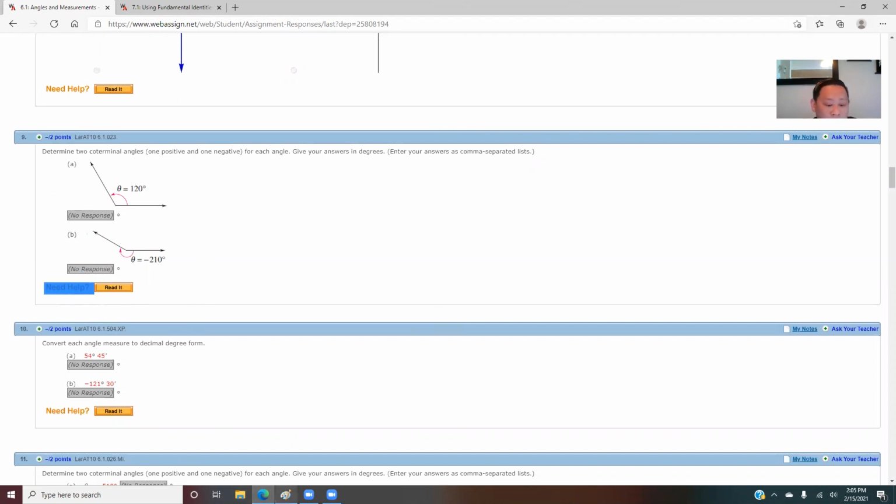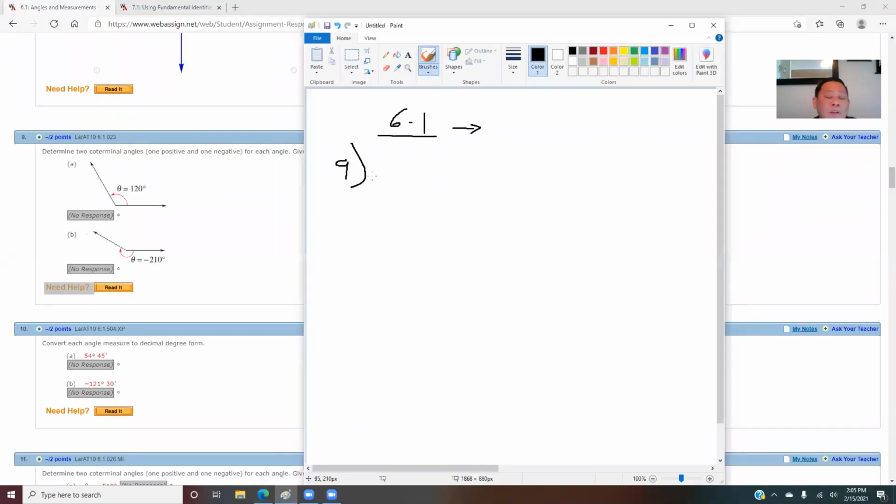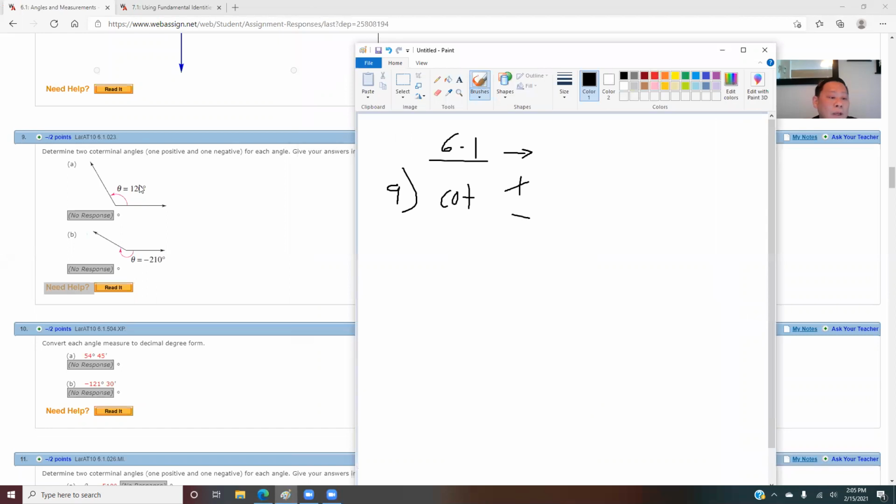In order for you to do question number 9 here, the question is asking you to find coterminal angles that are positive or negative. So if the question gives you 120 degrees, you just need to subtract 360 degrees. In order to get the positive one, you add 360, so you get 480 degrees.